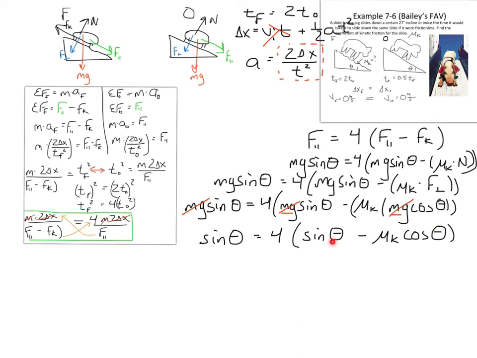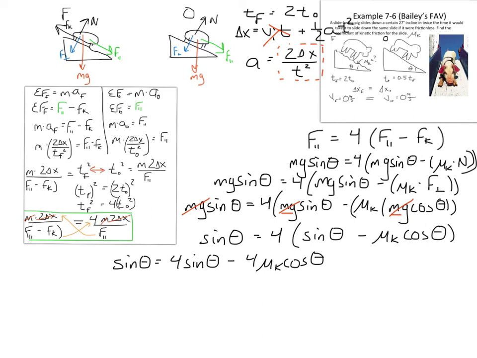I'm going to come down here into the corner where we have a little bit more space. Sine theta equals 4 sine theta minus 4 mu k cosine theta. It's getting easier. It's getting easier. Let's see here.